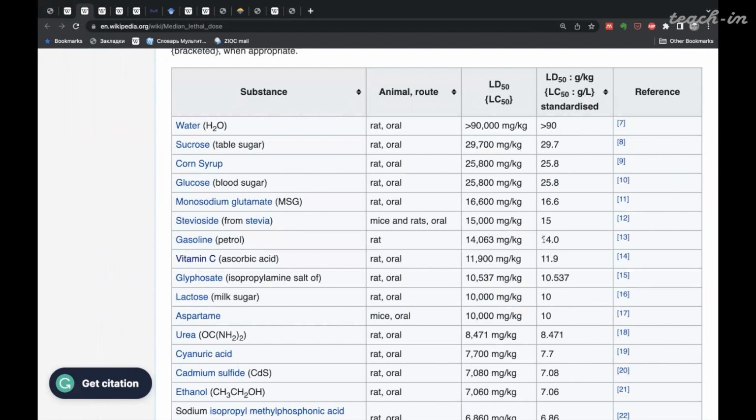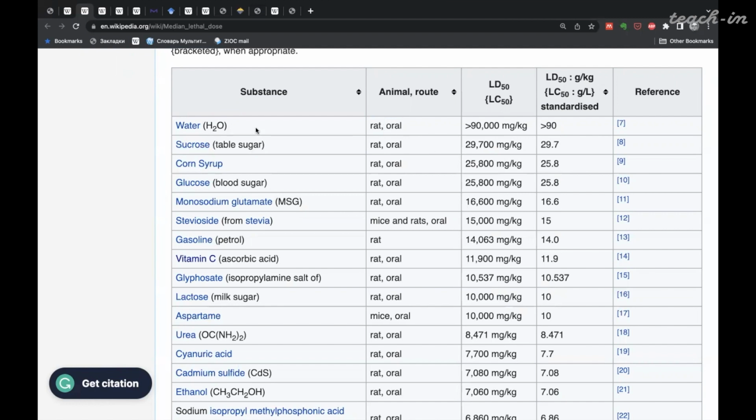What do I mean here? In fact, many compounds that we consider as essential for life can be lethal. For example, we can consider toxicity in rats, and we can consider oral toxicity.